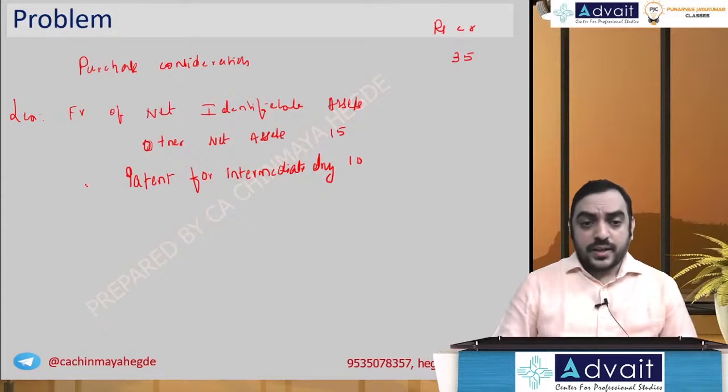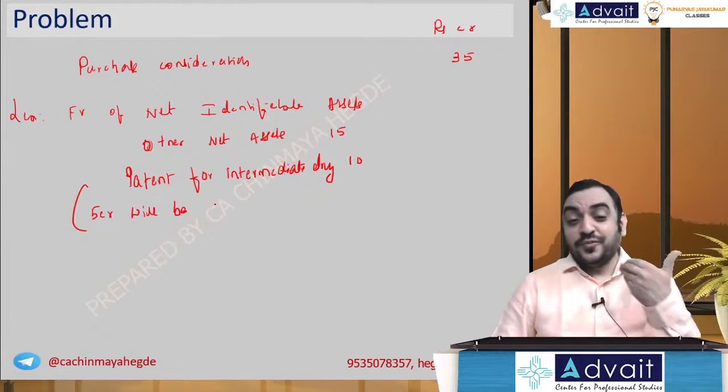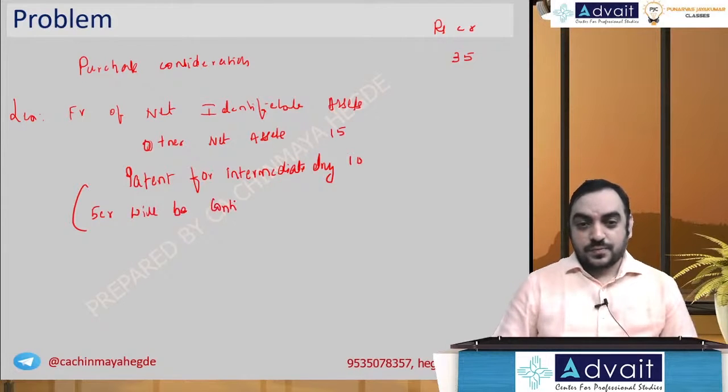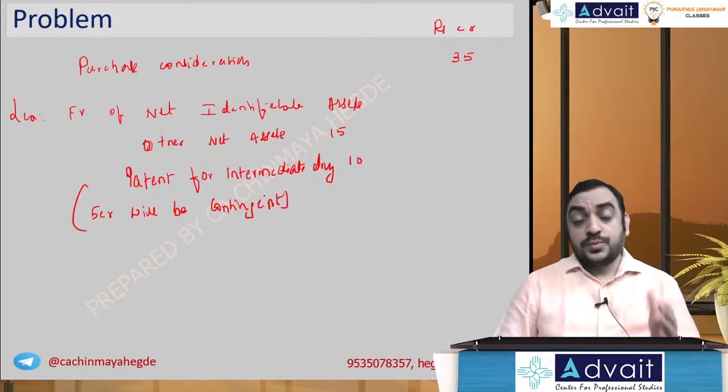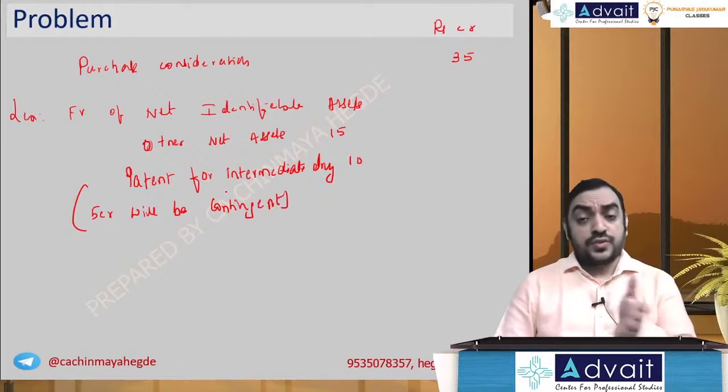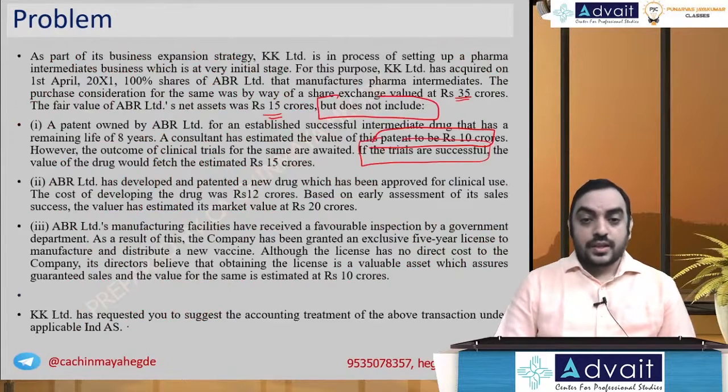And just keep it in mind, the 5 crores will be, sorry, not intangible, will be contingent because that is subject to the successfulness of completion of the product, if the clinical trials are successful.